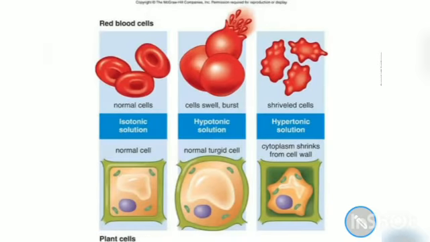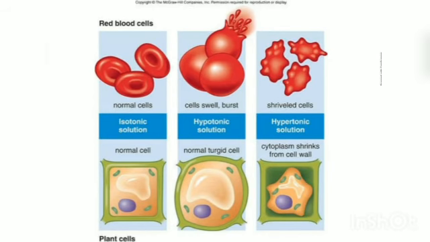But here, what will happen practically, if you place a red blood cell, which is an animal cell, and a plant cell, which has the cell wall around it, in an isotonic solution? Look here, the reverse has been given.